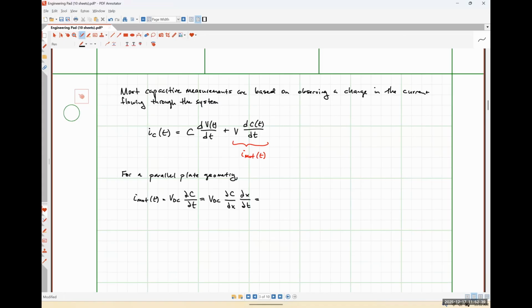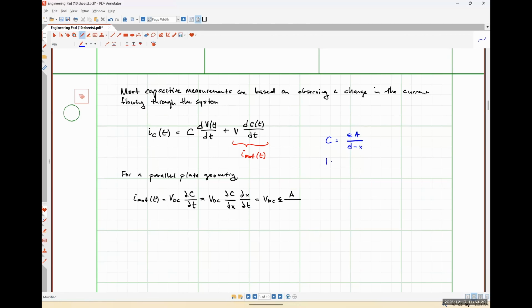So expanding this out a little bit further, we would have our DC voltage times epsilon times area. Let me explain where this next term is coming from really quickly. So let me just do this in blue as kind of a tangent thing. So we know that C is equal to epsilon A over D minus X. Okay.